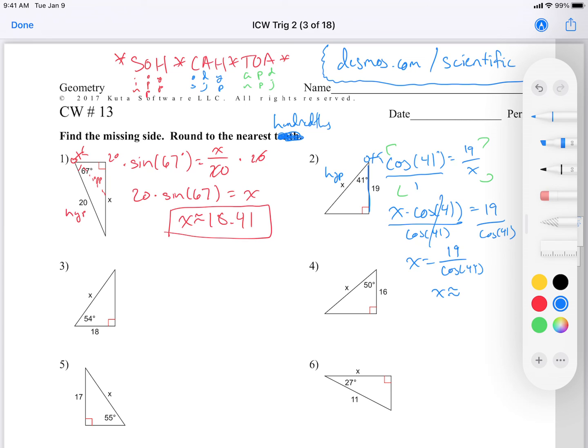Type 19 divided by cosine of 41 and tell me what you get. Anyone? 25.18. Thank you.